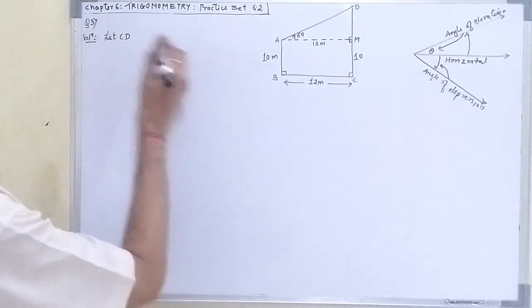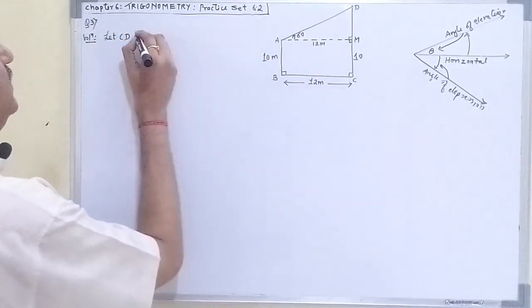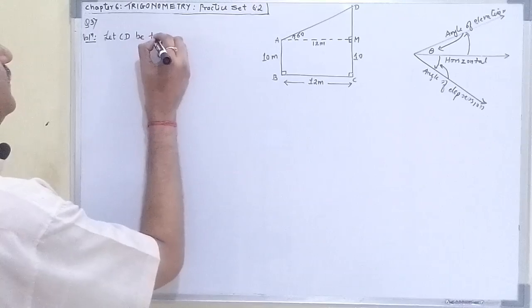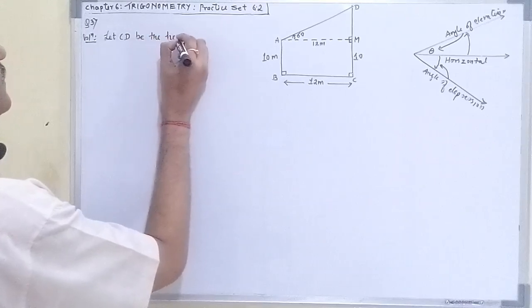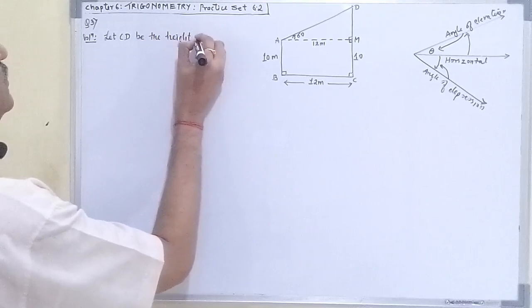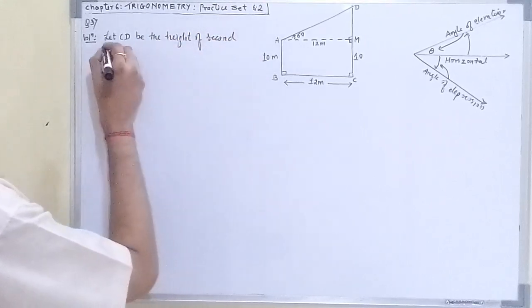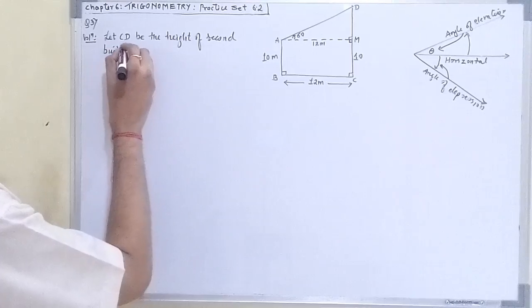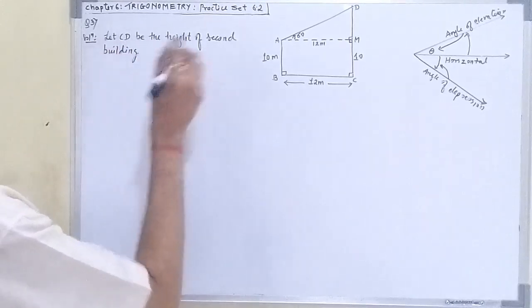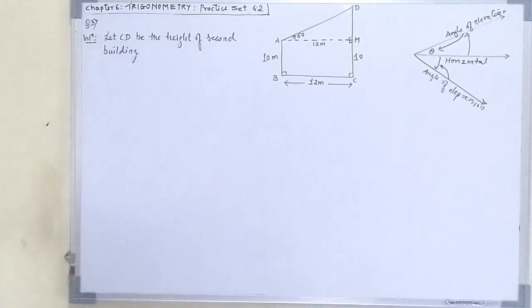Let CD, ये तो हमें फाइंड करना है ना. Let CD be the height of the second building.